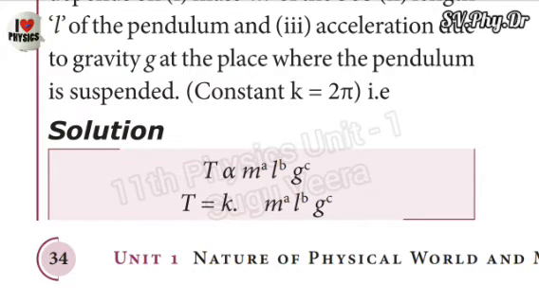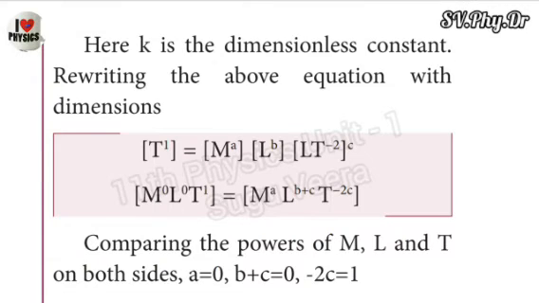That is, T is directly proportional to m power of a, l power of b, g power of c, and we get T equals K m power of a, l power of b, g power of c. Already we know that when proportionality is removed, a constant value is added. That constant value is k. Here k is the dimensionless constant.